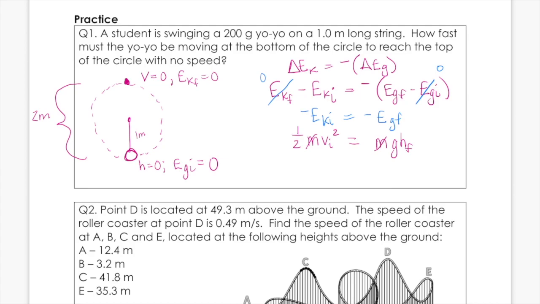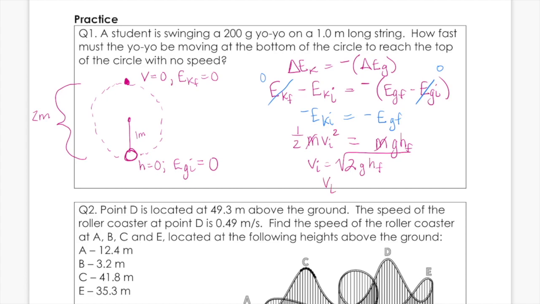And if I'm trying to get the initial velocity by itself, I'm going to have vi equals the square root of 2 g hf.